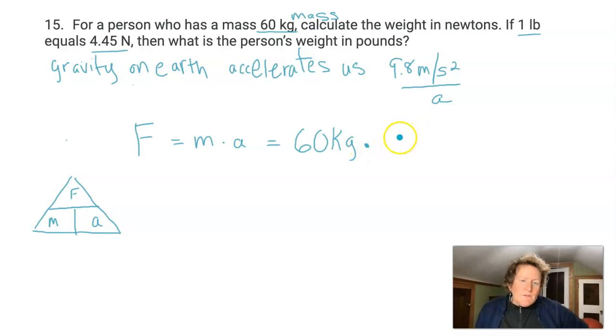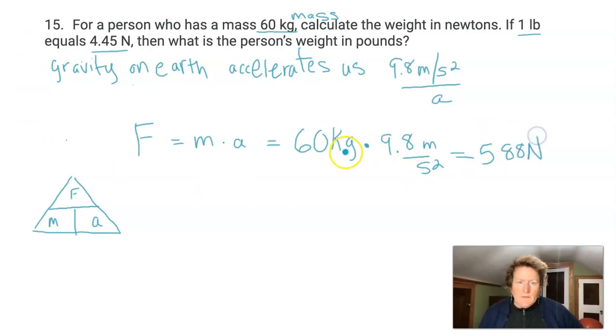So we know this person is 60 kilograms. We know they're being accelerated at 9.8 meters per second squared here on Earth. And so we can just multiply that through, 60 times 9.8. We've got 588 newtons, because that's kilograms times meters per second squared.